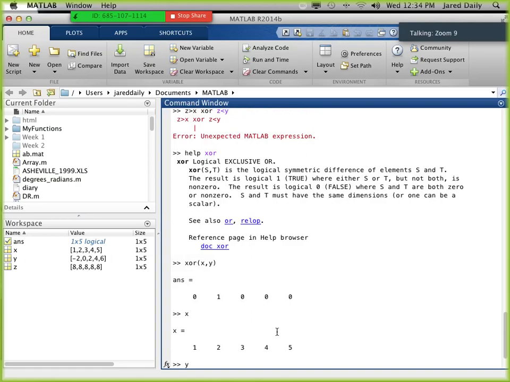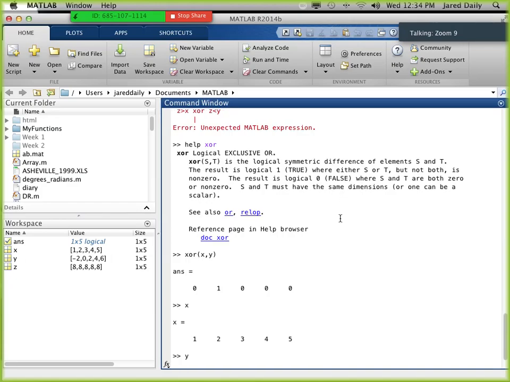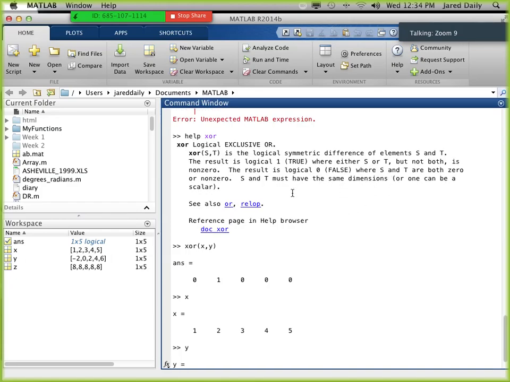So it's the logical symmetric difference of elements S and T. Whether S or T, but not both, is non-zero. Okay, so if S and T are both 0, then it's false. If they're both non-zero, then it's false.